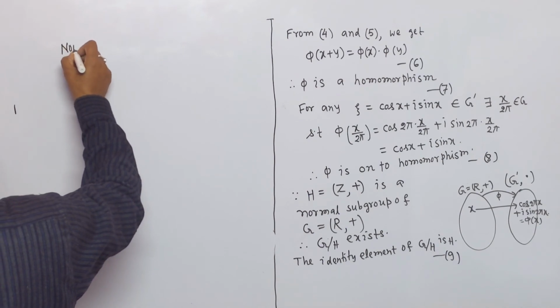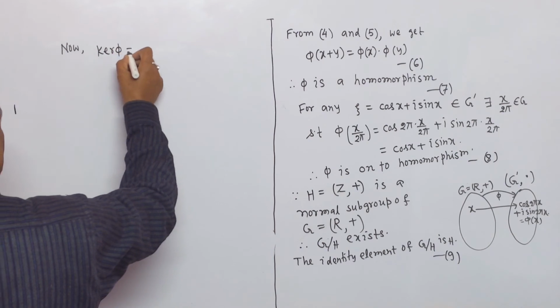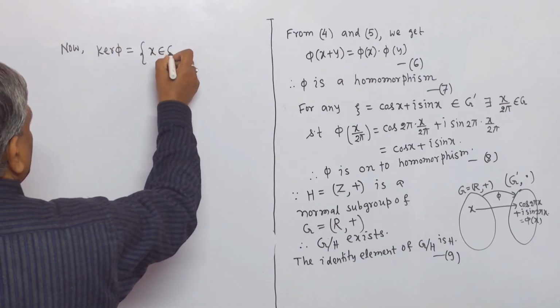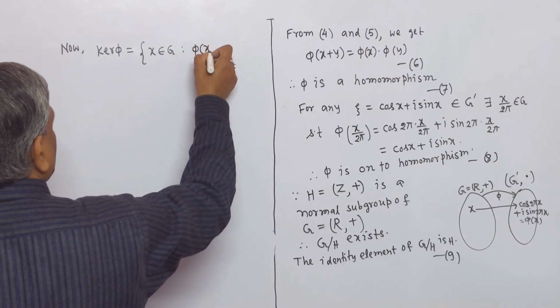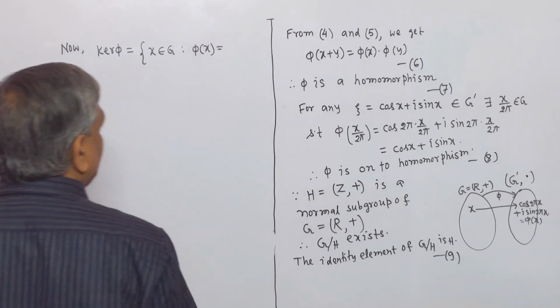Now kernel of phi equal to all those elements of G such that phi x equal to identity element of G prime.